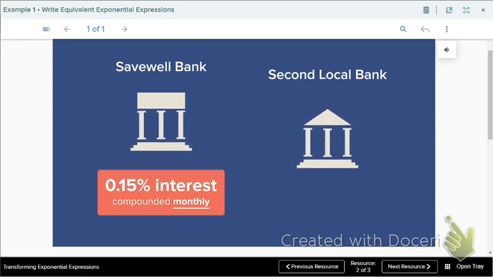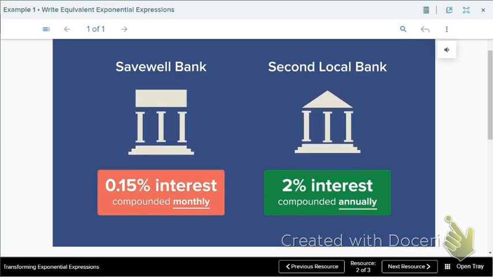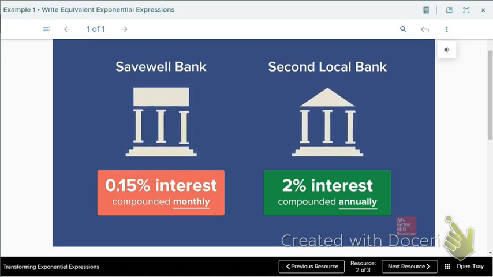Second local bank offers 2% interest, compounded annually. While 2% interest sounds better than 0.15% interest, the comparison isn't quite that simple. Because the banks compound interest at different time frames, it's a little harder to compare the benefits. Which bank would be the better choice?